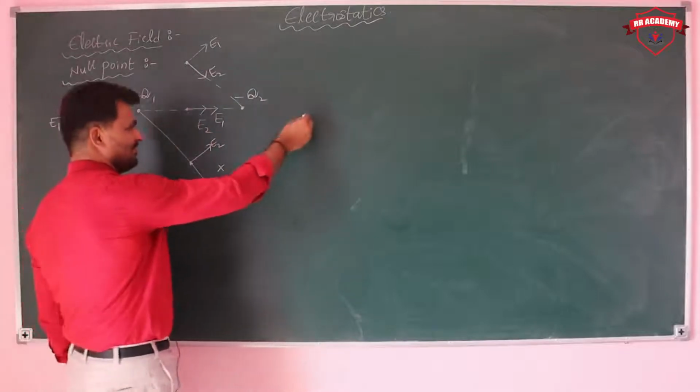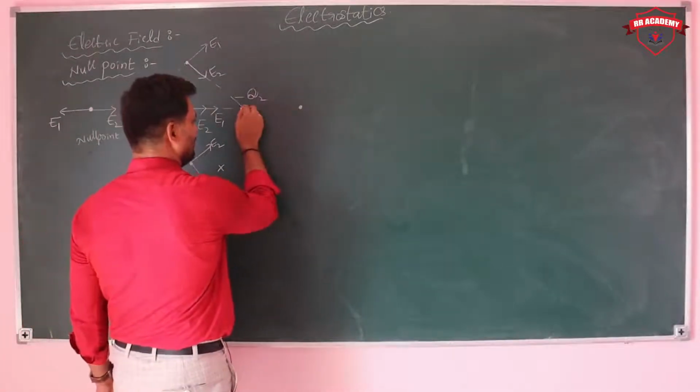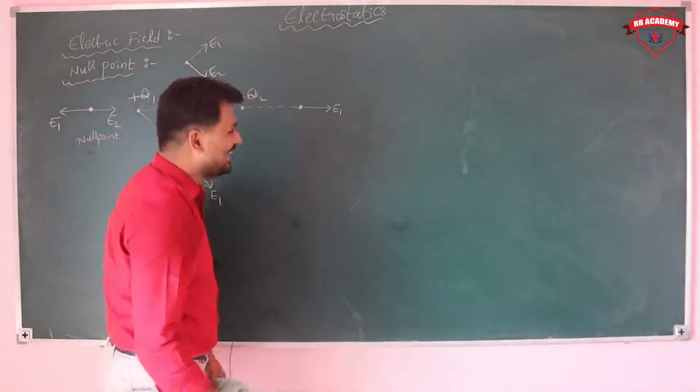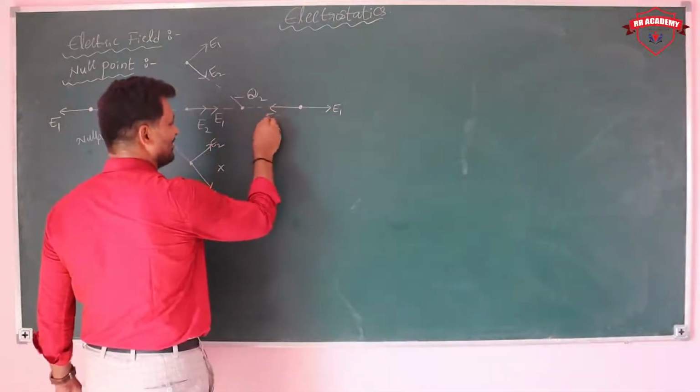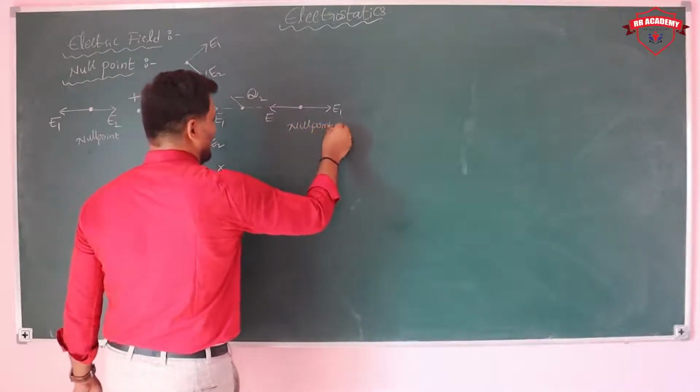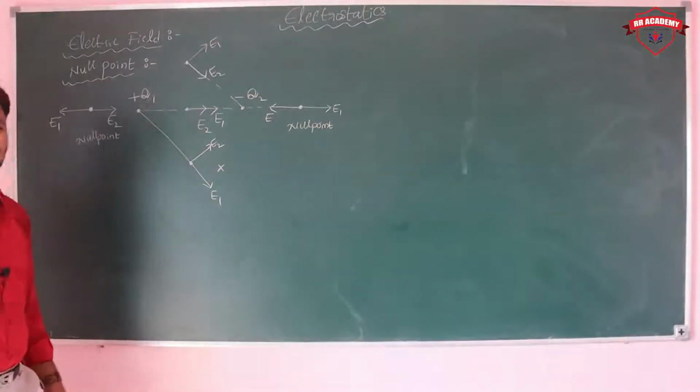Here also, for E1, yes, away from the charge, and E2, towards. That means here also there is a chance of a null point. For like charges, where are the null points located? Between them.